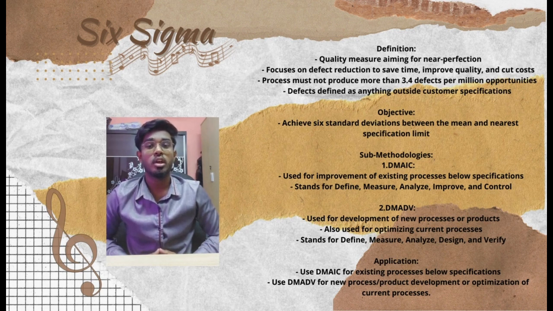DMAIC focuses on defining, measuring, analyzing, improving, and controlling existing processes, while DMADV concentrates on defining, measuring, analyzing, designing, and verifying new processes or products. Use DMAIC when existing processes fall below specification and DMADV when new processes or products need development or current ones require optimization.